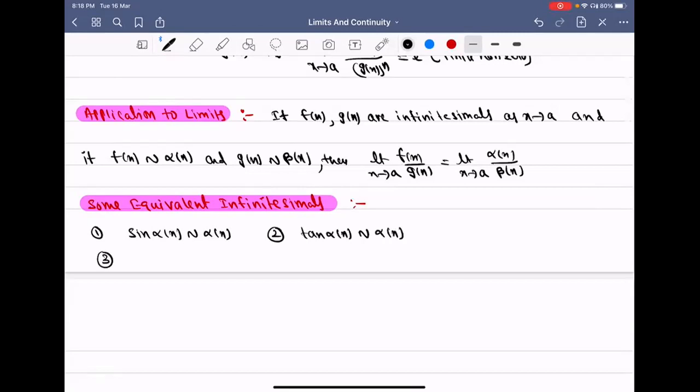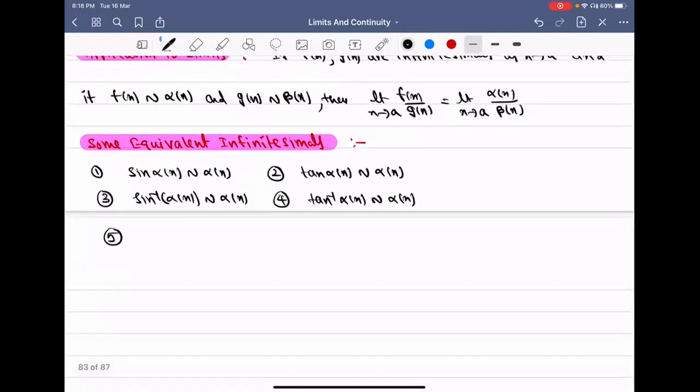Number 3, sine inverse alpha x is equivalent to alpha x. Tan inverse alpha x is equivalent to alpha x. Fifth one, ln of 1 plus alpha x is equivalent to alpha x.